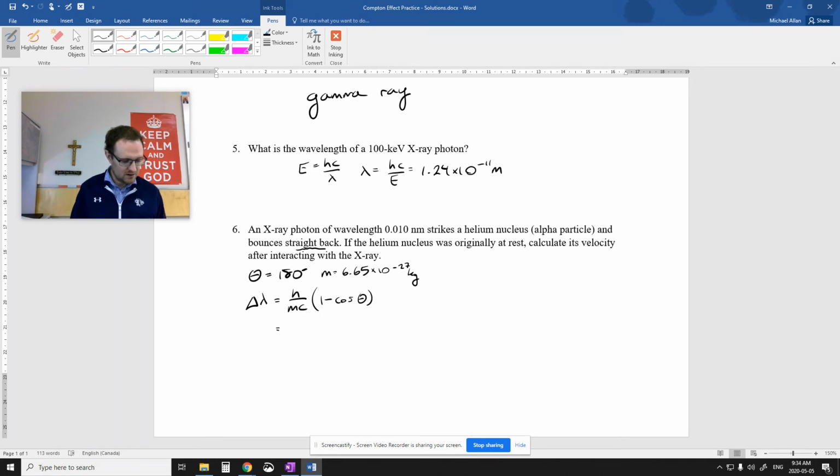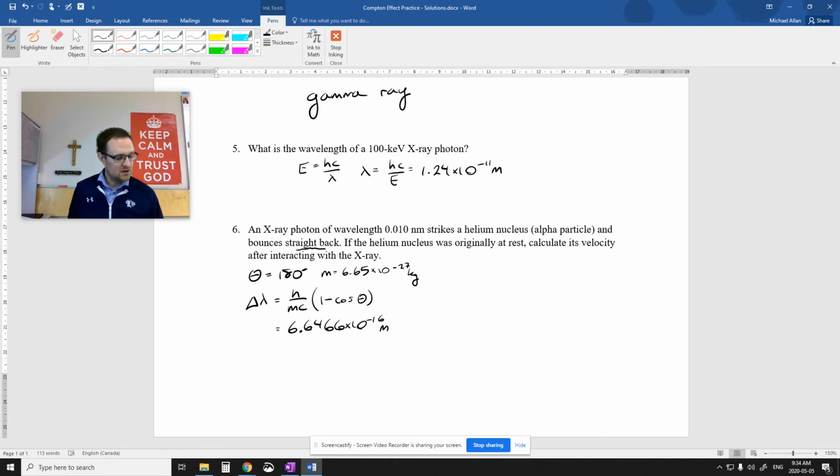That's good. So this should be 2 times that previous number because cos 180 is negative 1, so 1 minus negative 1 ends up being 2. I get 6.6466 times 10 to the negative 16 meters. Okay. So the wavelength's not going to change that much. It's a really small change in the wavelength.